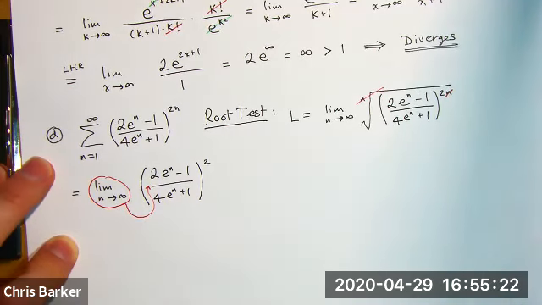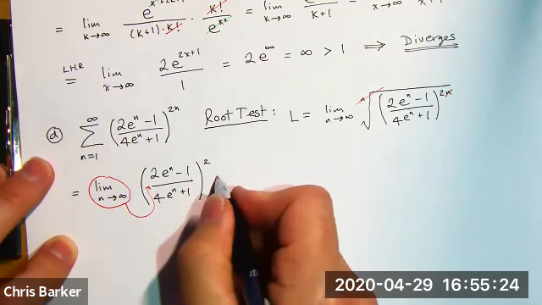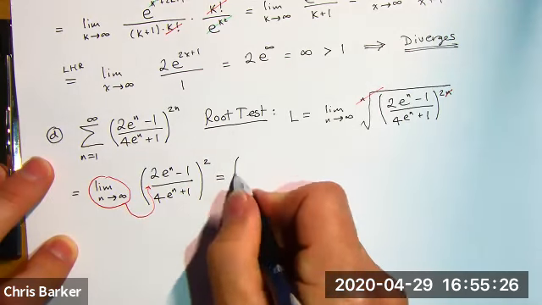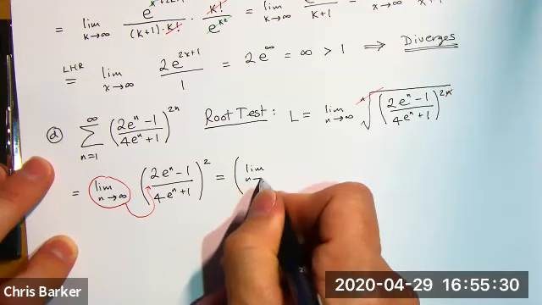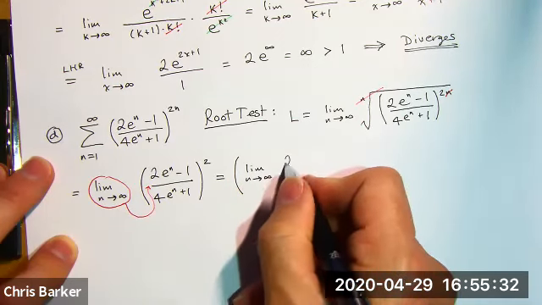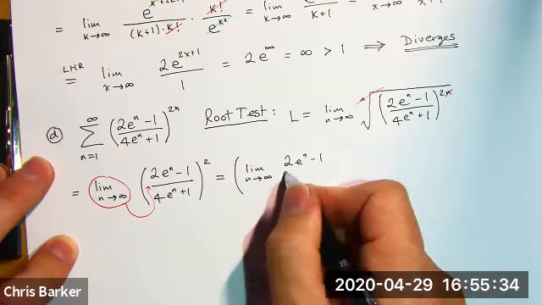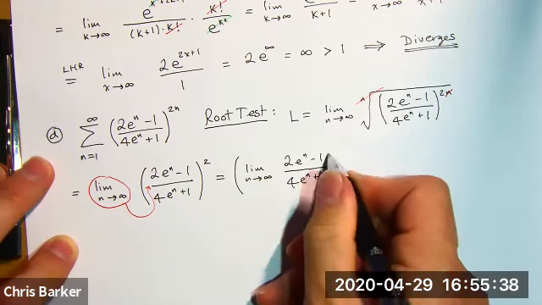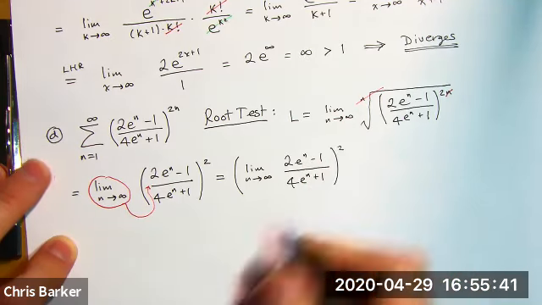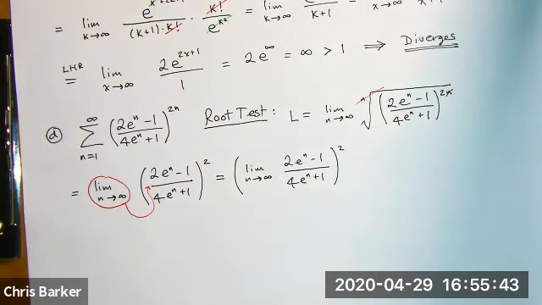So I'm going to move the limit to the interior there. That gives me the whole thing in parentheses, the limit as n goes to infinity of (2e^n - 1) over (4e^n + 1), all squared. Okay with this so far?